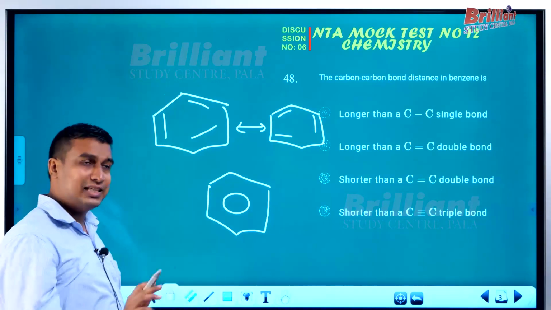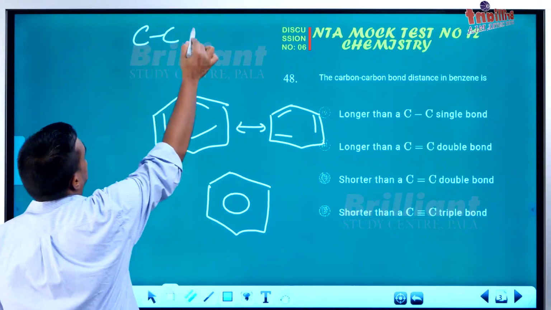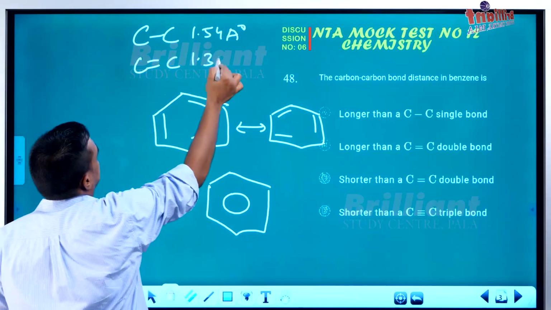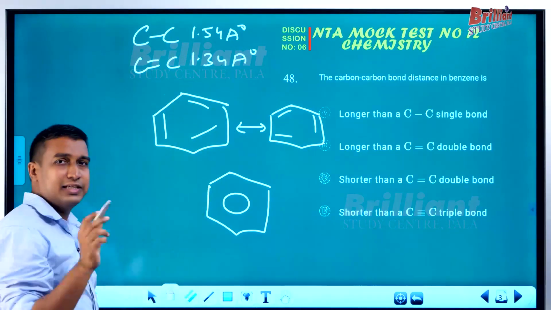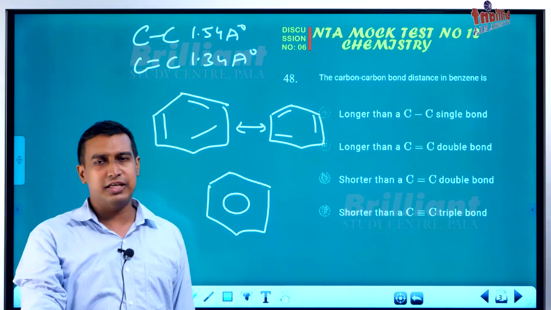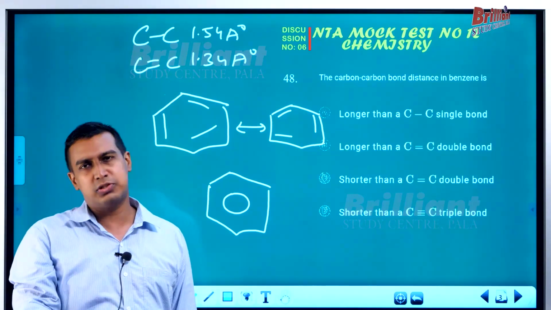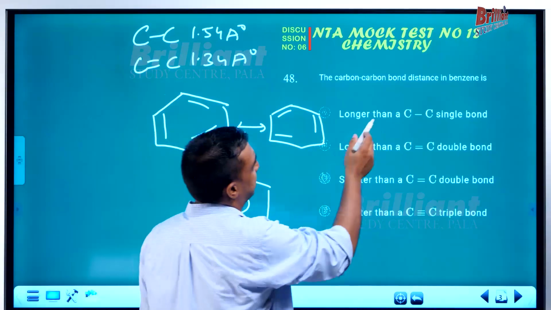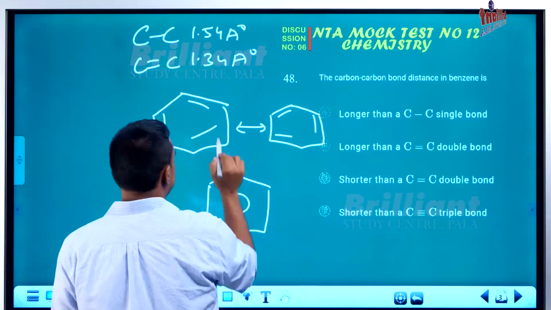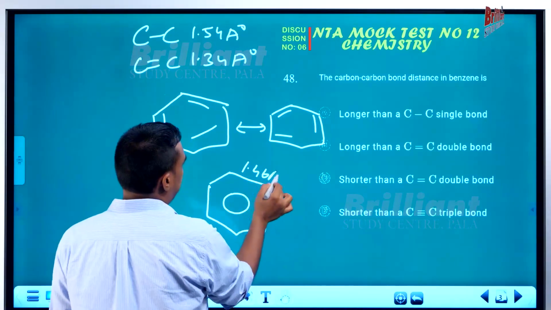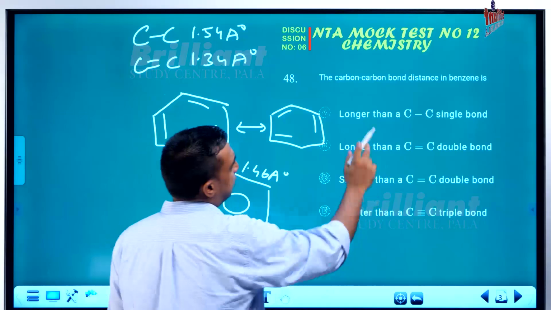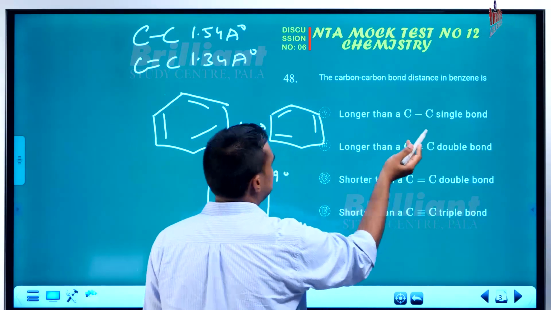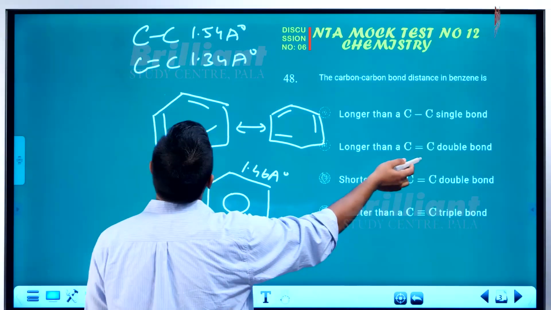Now, generally a C-C single bond is 1.54 angstrom and a C-C double bond is 1.34 angstrom. In the case of benzene, it is observed that all C-C bonds have equal length and the length comes to 1.46 angstrom. So every bond in benzene is almost 1.46 angstrom. Is the C-C bond distance in benzene longer than a C-C double bond?